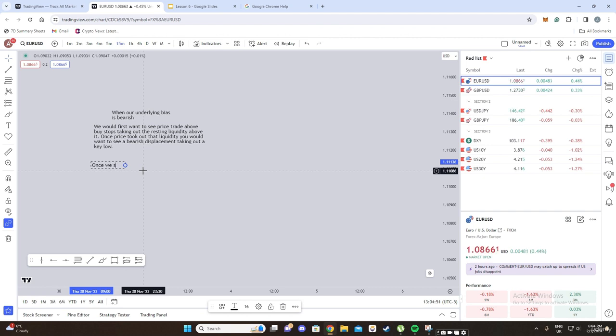Once we've seen that displacement, we would mark the range from each swing point, so swing high to the swing low, and wait for price to retrace above the 50% level, as that is our premium.